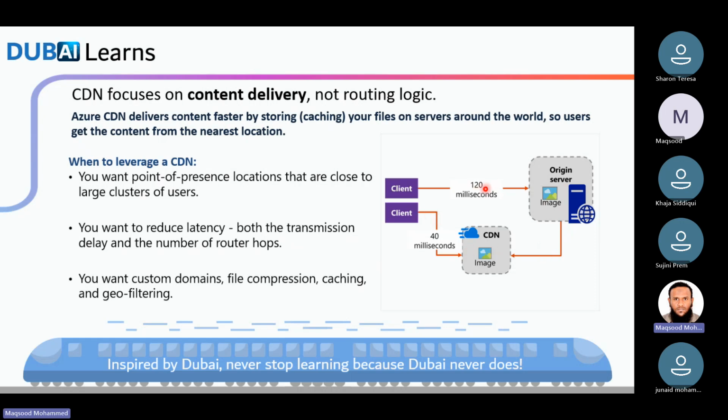It will take the same time, but in the next attempt, that content will be cached locally on the CDN POP, the point of presence. And the next access to that file from users in that location will be faster. So the images and the data will load faster. So that's the concept of CDN.